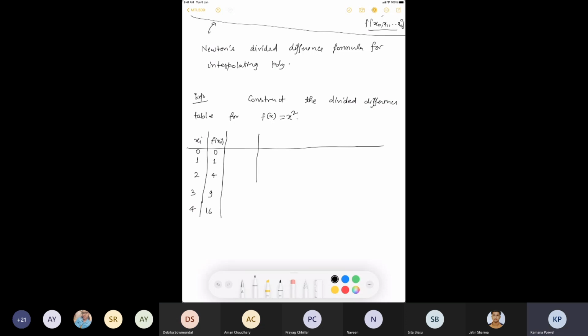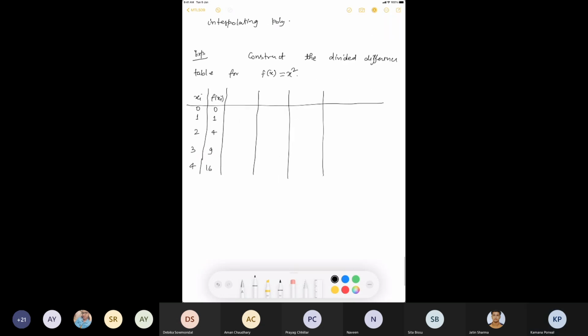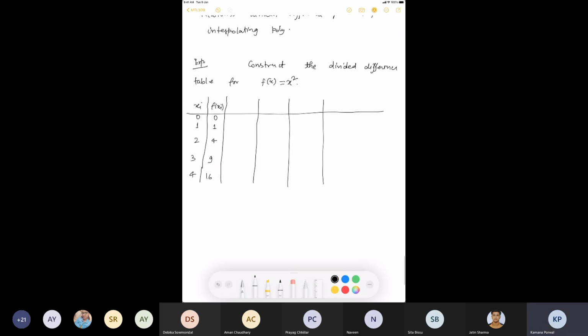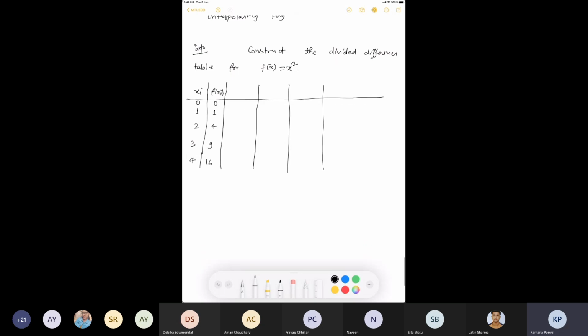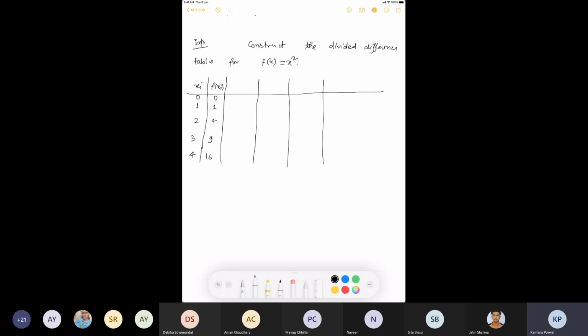And we have to compute the divided differences using this data. So let's compute the first divided difference. Okay, let me use a shorter notation. So for D^r f(xi), this is nothing but f[xi, ..., xi+r].